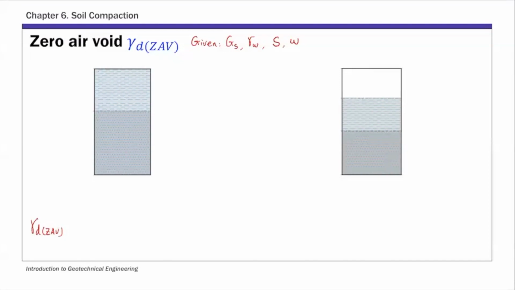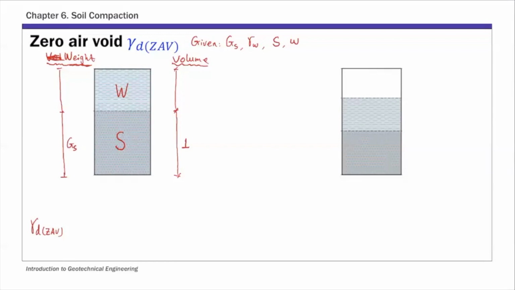And for gamma ZAV, I want to show how you can use the phase diagram to derive this relationship. This is a fully saturated soil, so we have solid and water. To show the relationship of gamma D ZAV with these given quantities, I'm going to assume the volume of solids is 1. Then the weight of solids is simply GS gamma water.